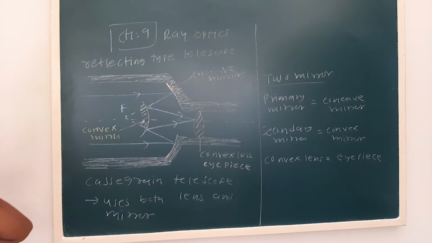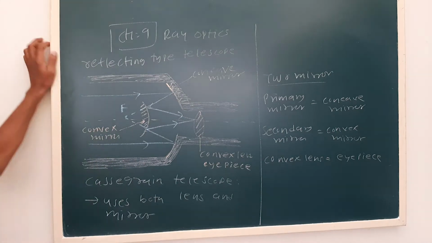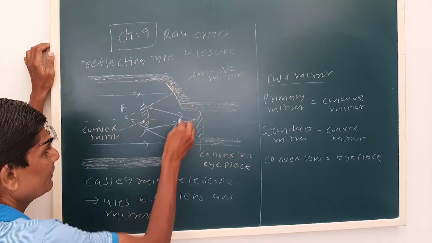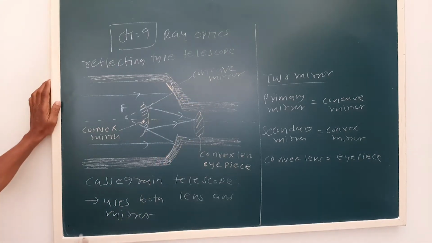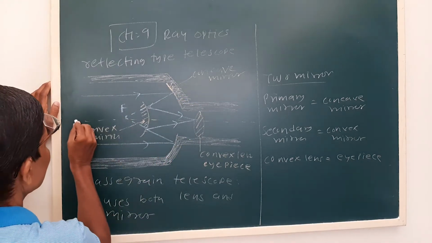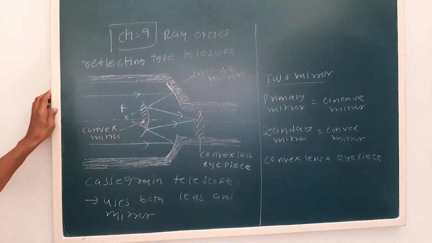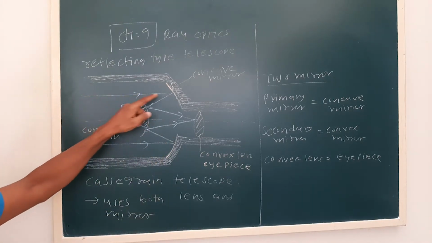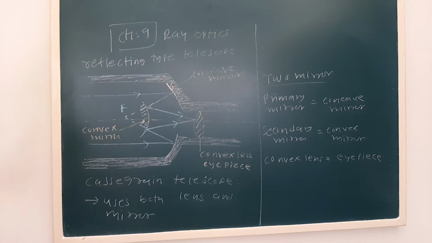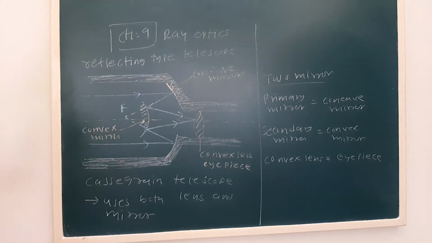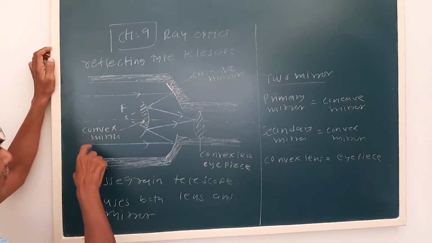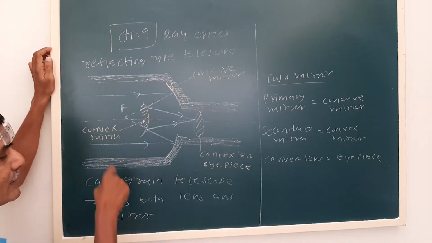Now see, this is a diagram. This is a primary mirror, a concave mirror, you can see. Now we know the paraxial rays. This is the principal axis. The paraxial rays, when incident on a concave mirror, we know they are to be focused at F. But before they meet at F, we have positioned a convex mirror.